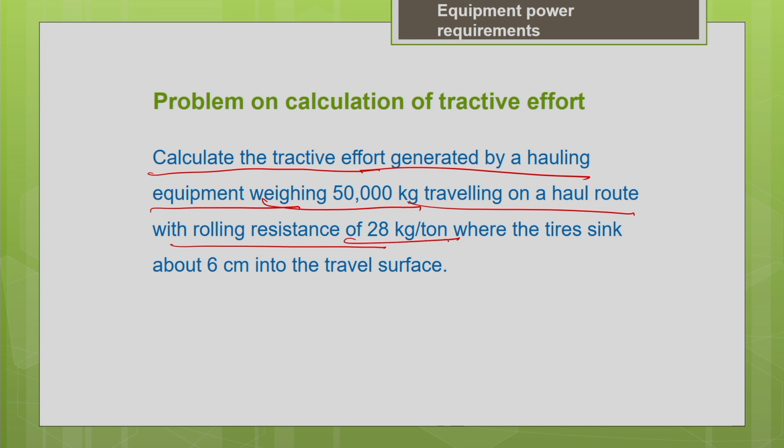It is given as 28 kg per ton. Another important thing to note is that your tire is sinking about 6 centimeters into the travel surface. That means you have to take into account the penetration resistance also. Now, we are going to find the total tractive effort needed to overcome the resistances in the underfoot conditions in your project site.